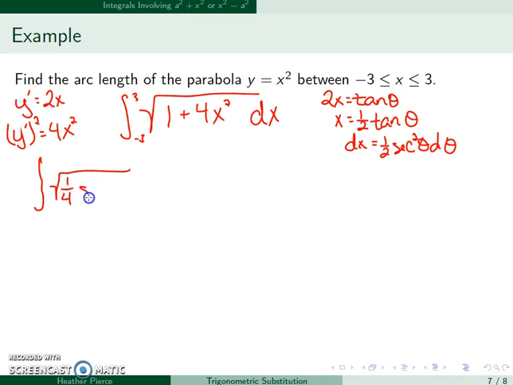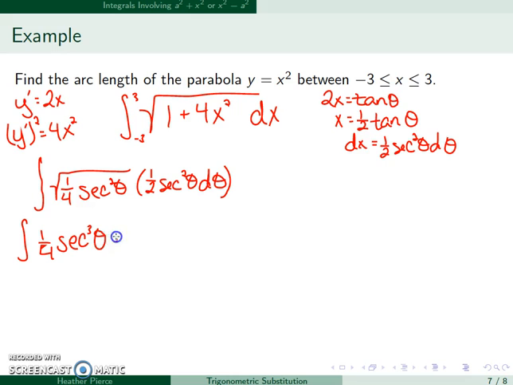We get 1/4 secant squared theta times dx, which is 1/2 secant squared theta d theta. Simplifying this then gives me 1/4 secant cubed theta d theta.